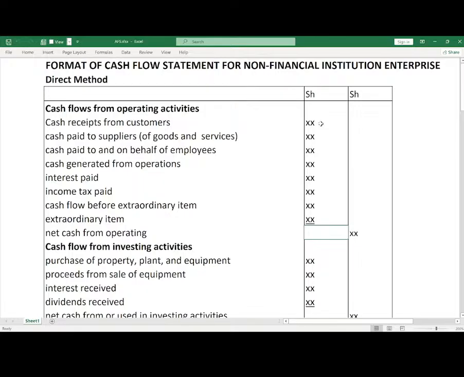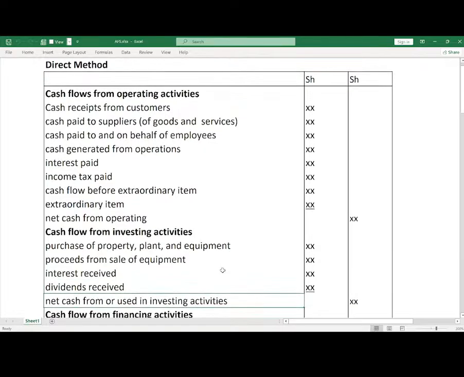Then we go to the cash flow from investing activities. Here we are going to have the purchases of property, plant and equipment, the proceeds from sale of equipment. You have the interest received, dividends received, and then you get the net cash from or used in investing activities.